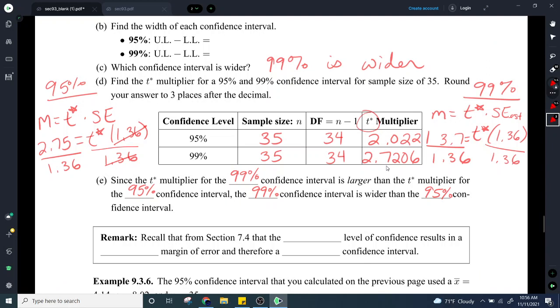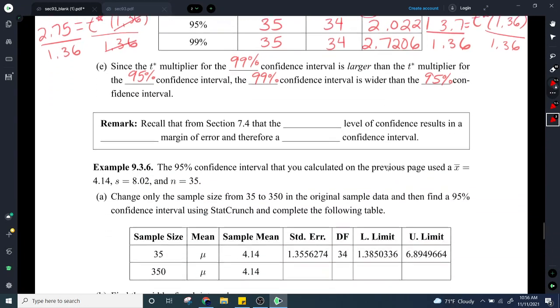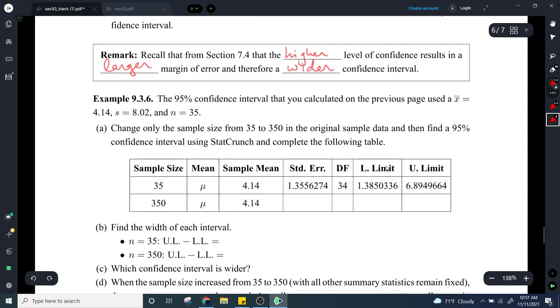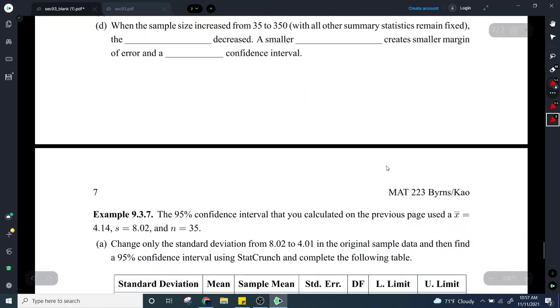The higher the level of confidence, the wider the interval. That's what the next box says: recall from section 7.4 that a higher level of confidence results in a larger margin of error and therefore a wider confidence interval.